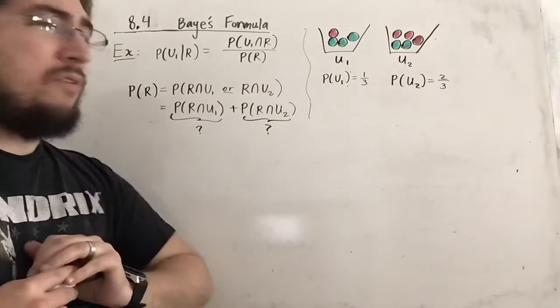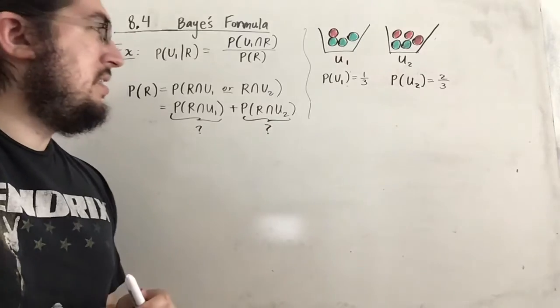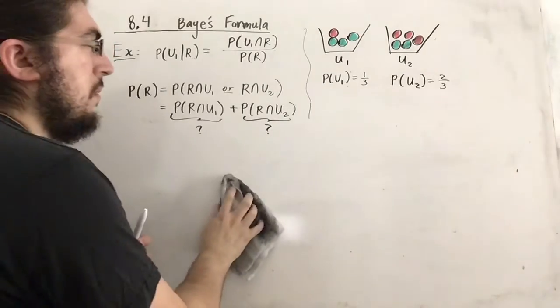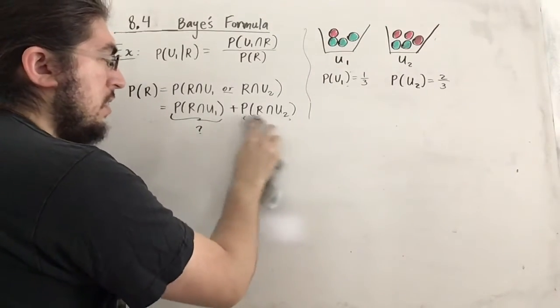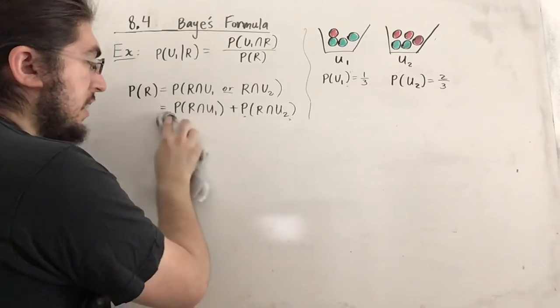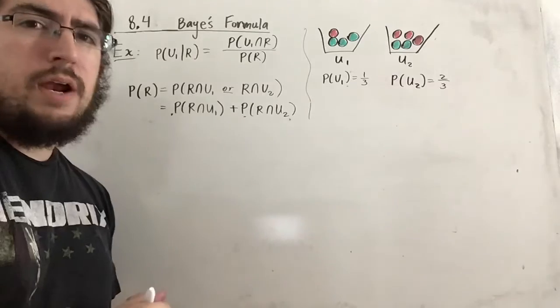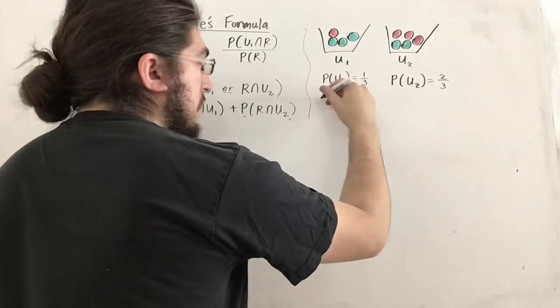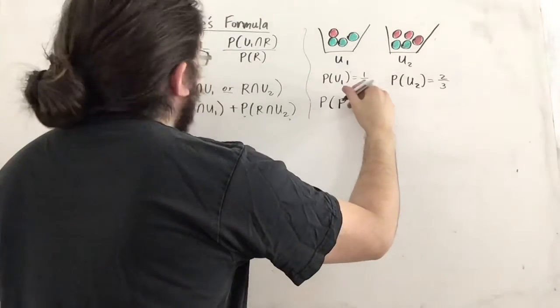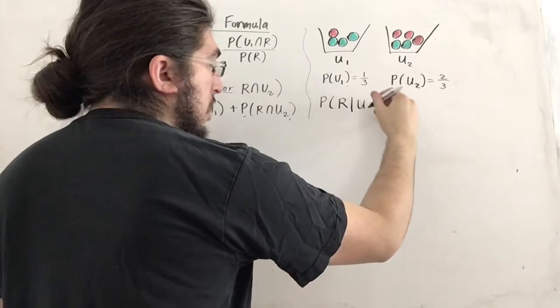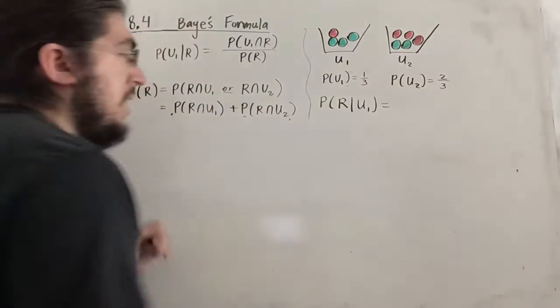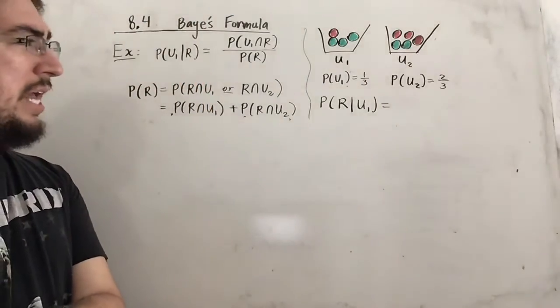But the probability of urn 1 occurring, that I think may be the problem there. But you know what? Let's think for a second. We're trying to find the probability of urn 1 given that it's red, but can we find the probability that it's red given that it was drawn in urn 1? And the answer is, I believe we can.